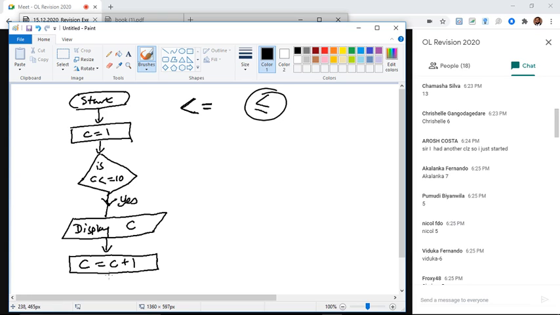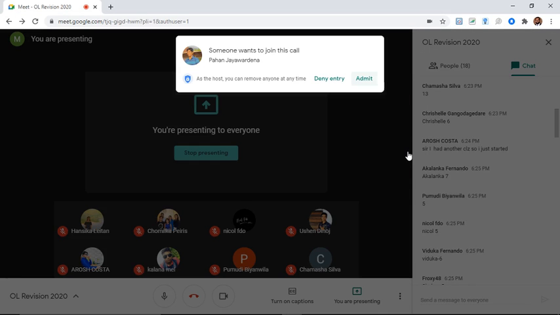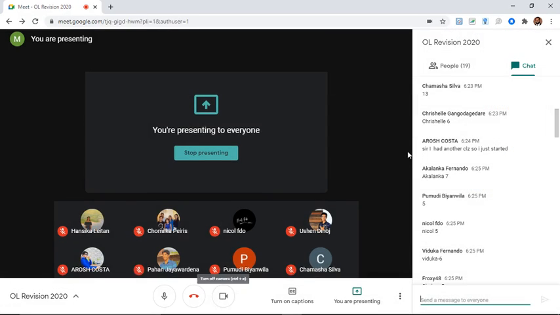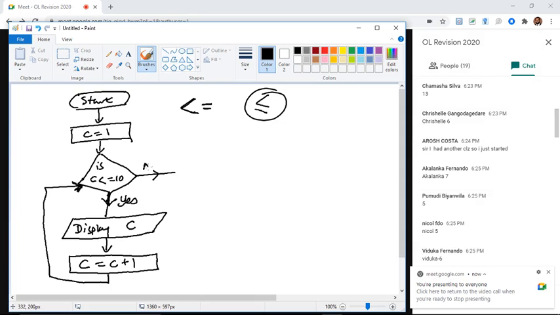Now from here, it will go to the condition and check again. If the condition is satisfied, it will repeat. If it is no, then it will come out of the while loop and it will stop.